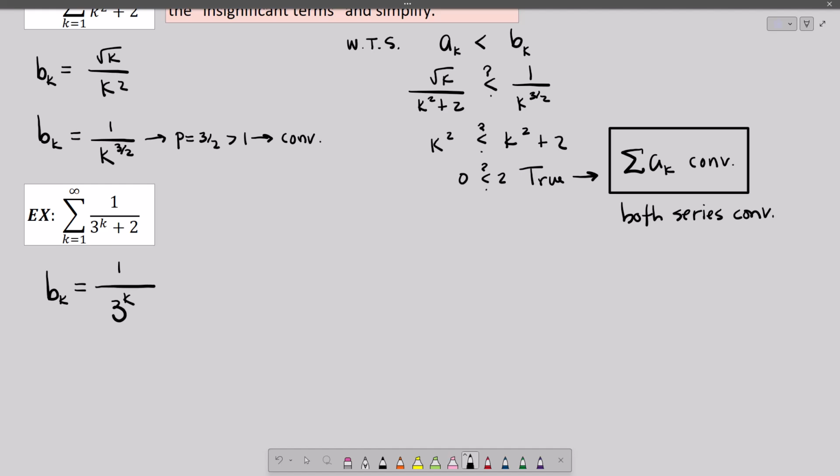What kind of series is this? Geometric. We would write it in this form, typically, 1/3 to the k. So the series would look like this. This would be our b sub k series.